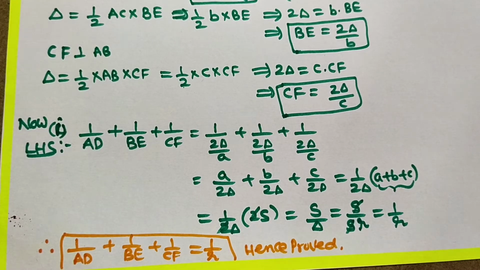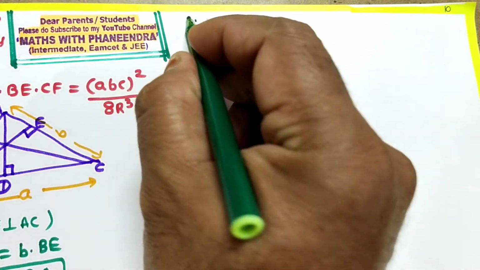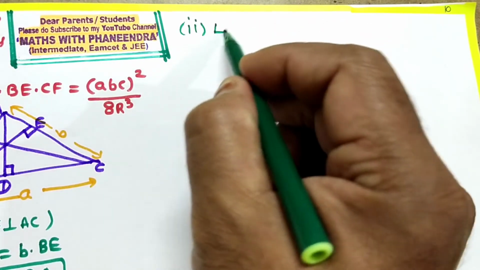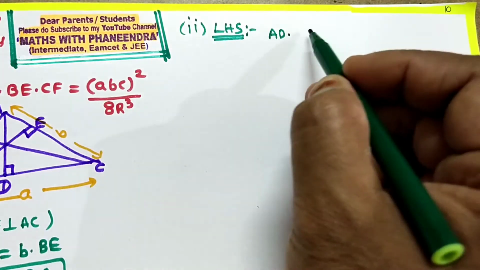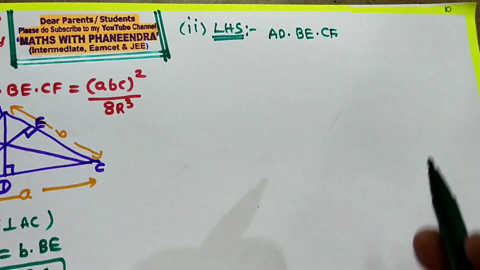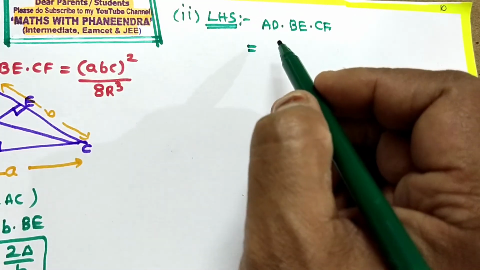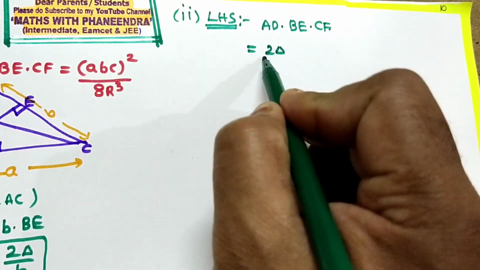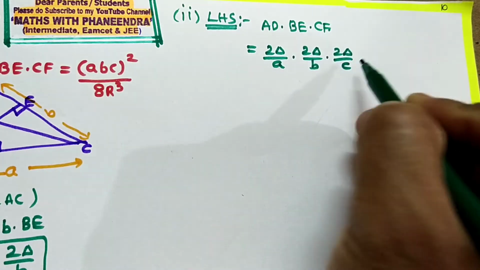We will move to the next question. Second one, LHS: AD into BE into CF. The AD value we got as 2 delta by a into 2 delta by b into 2 delta by c.